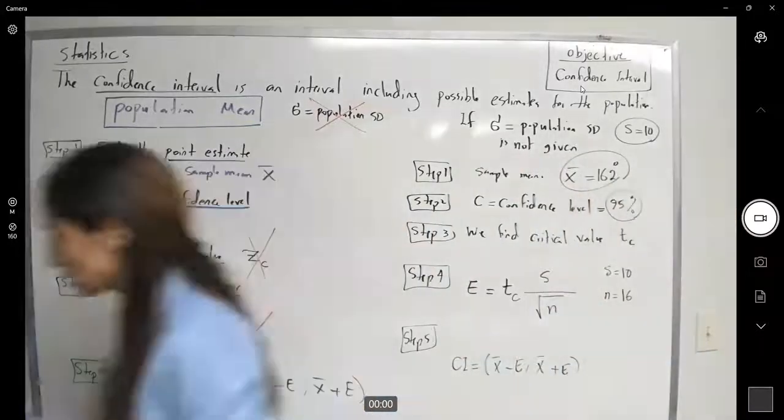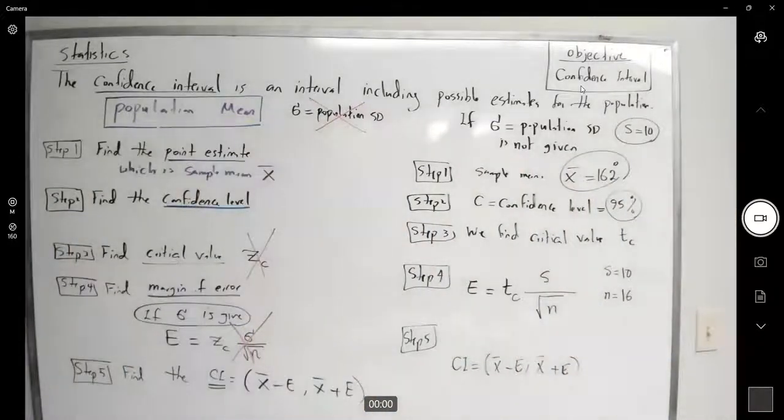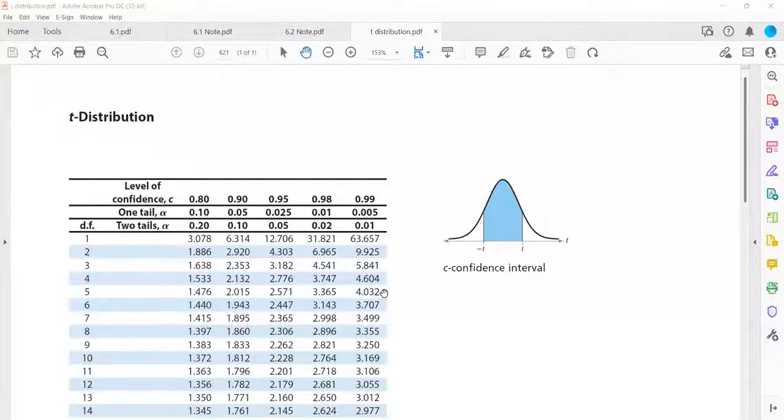So let us find T sub C, the critical value. We are building the T distribution for this sample, and the information given to us is the level of confidence, which is 95%.